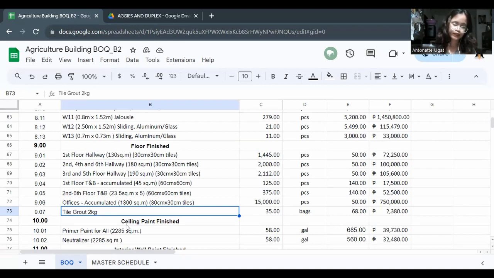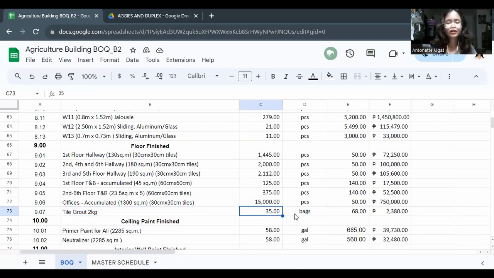The formula for this is the area of the floor times the ratio, which is 1 kilogram over 30 square meters. And per bag, there are 2 kilograms. That is why here I have stated tile grout that is 2 kilograms per bag.